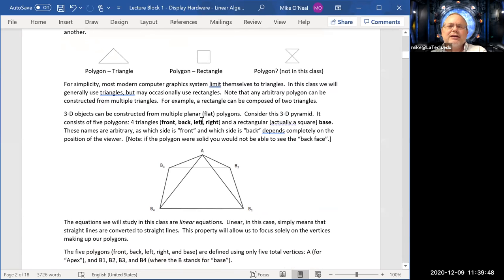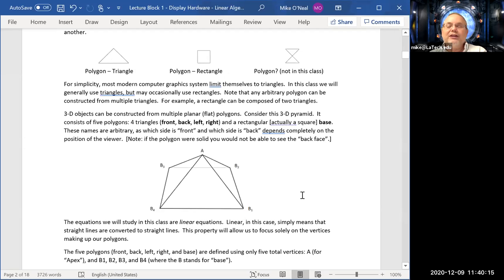So 3D objects are 3D. They exist in 3D space. Polygons, however, are actually flat. But you can build 3D objects because you can put the polygons at different angles. So let's say that you wanted to build a pyramid. So what I have here in the middle of the screen is a pyramid.